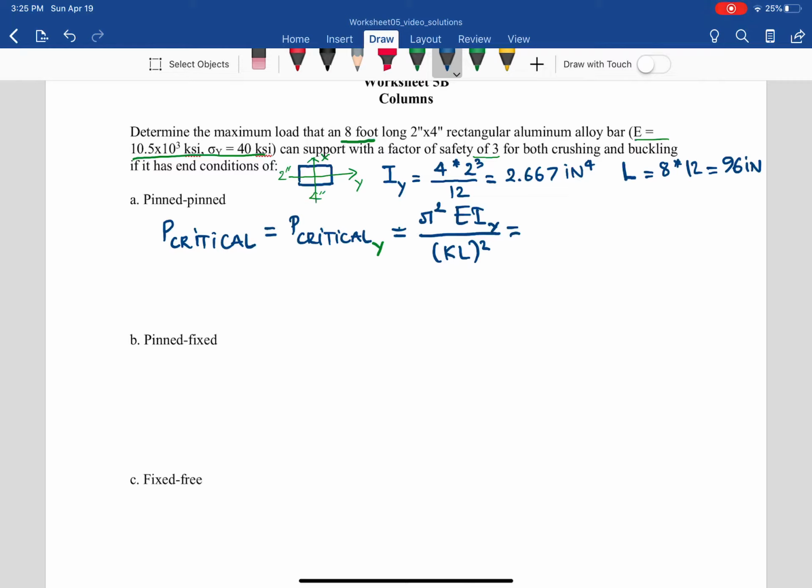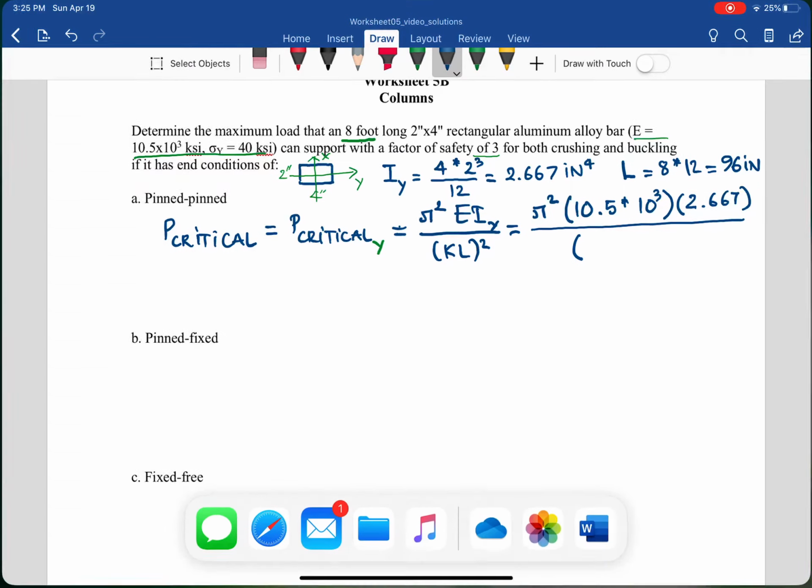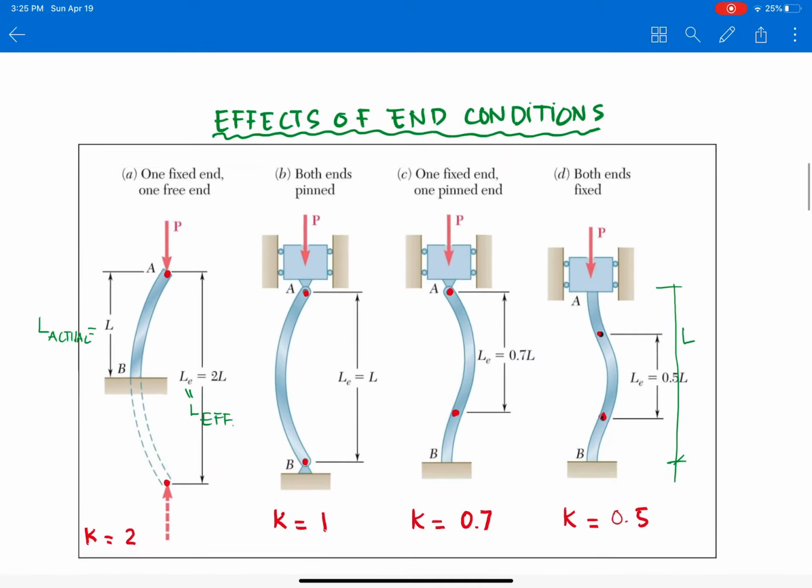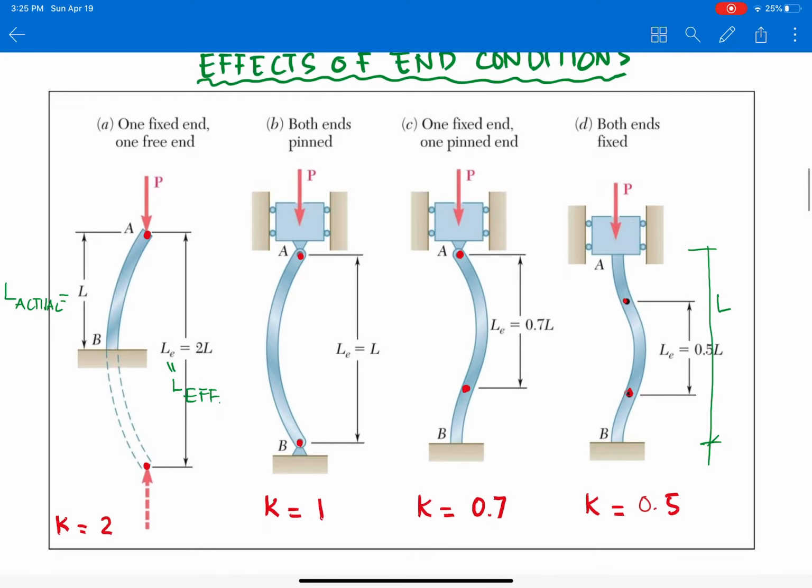Now plug in pi square E, Young's modulus, they give us 10.5 times 10 power 3, and then Iy, just calculated, 2.668, divided by K. In this case, pins, go back to our lesson note. Pin at both ends, scenario B, K equal to 1.